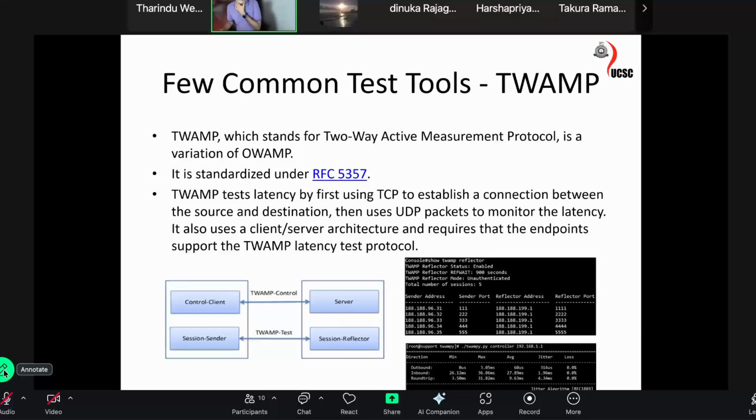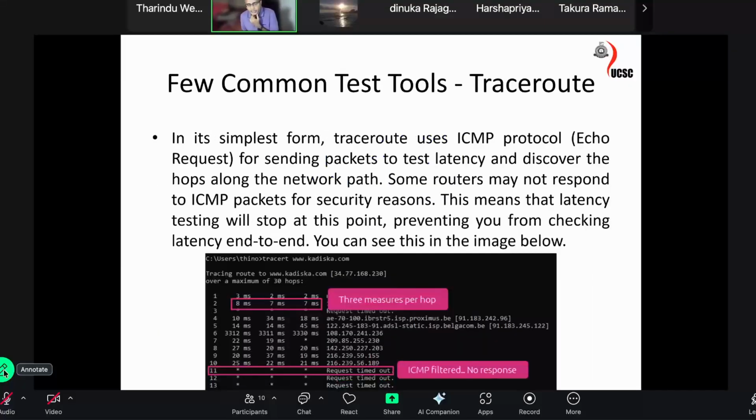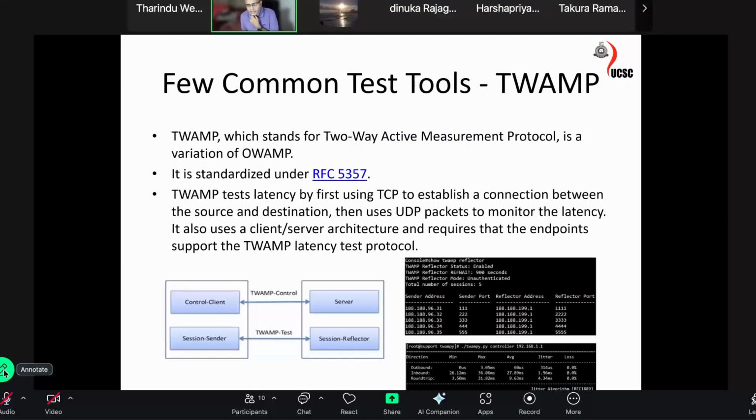All right, these are the tools I wanted to introduce today as initial discussions. We will go deeper later in the course, in the analysis sections, where we use Wireshark and do a deep dive into packet analysis.